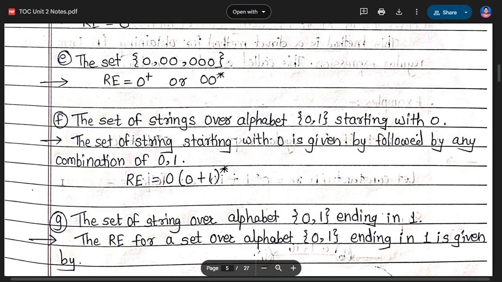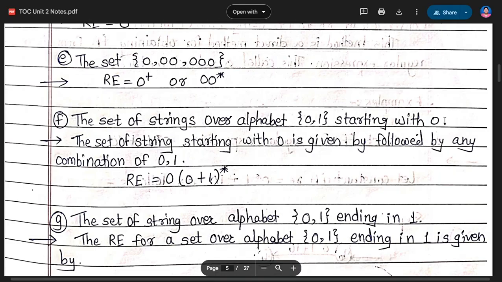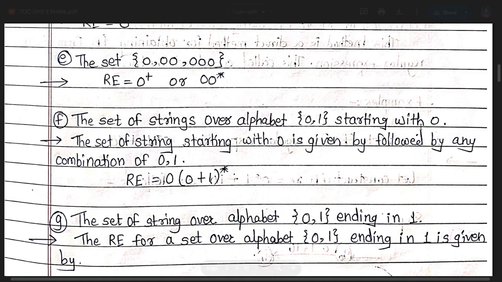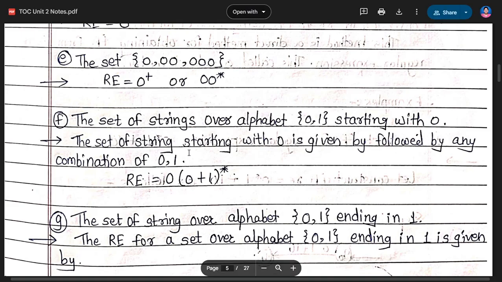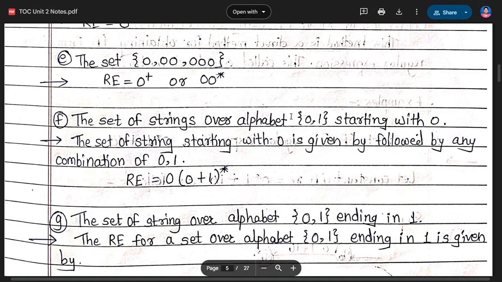Now this is an example: the set of strings over alphabet 01 starting with 0. We want our expression to start with 0, and the rest can be 0 or 1.